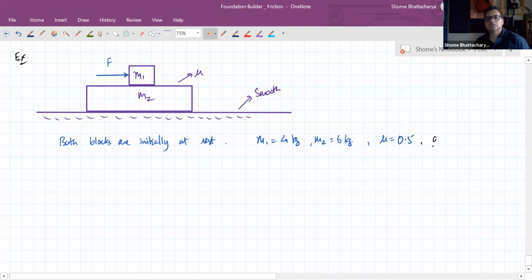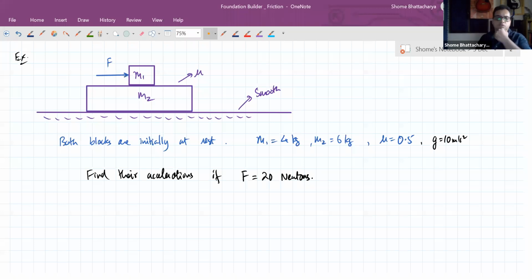Obviously take g as 10 meters per second square. So find their accelerations if F is equal to, let us say, 20 newtons.